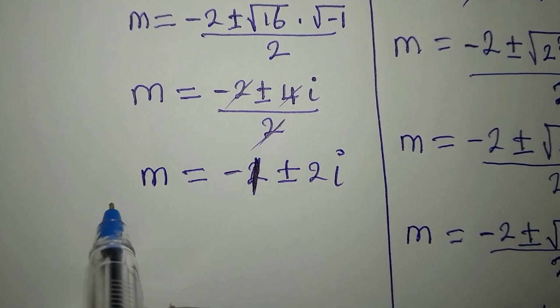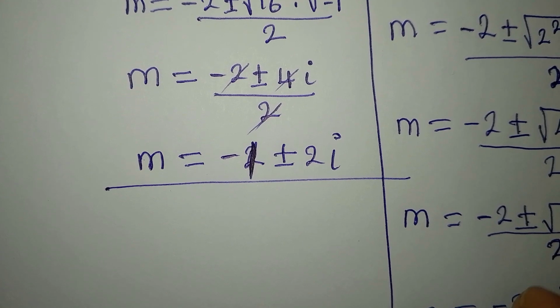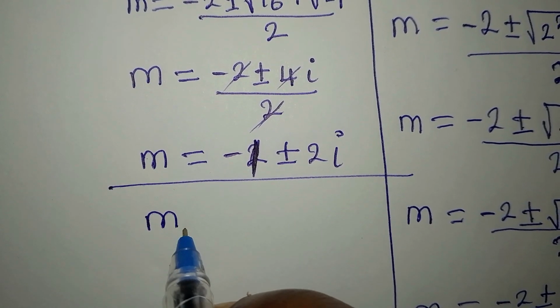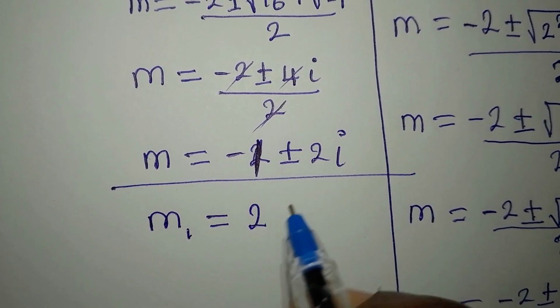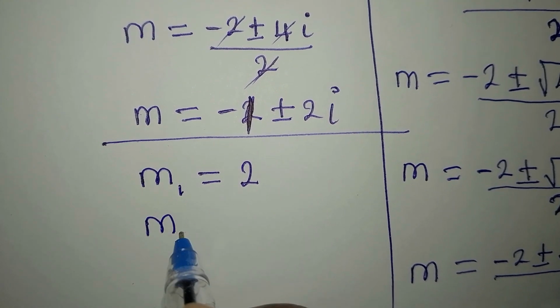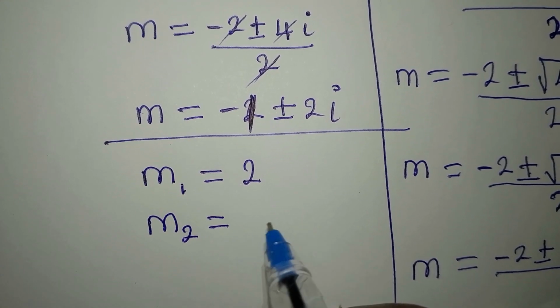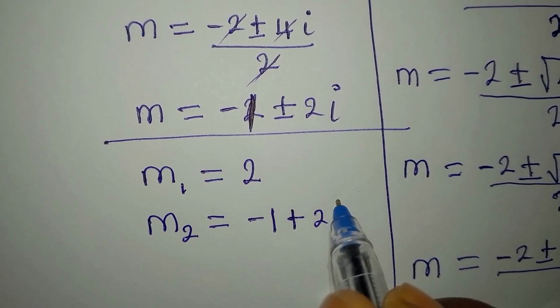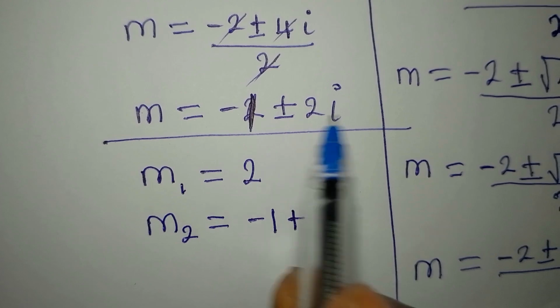Now, let's bring the three solutions together because this is a 2-in-1 solution. The first solution is m1 and is equal to 2. That is the only real solution. Then our second solution is m2 and is equal to minus 1 plus 2i. This is obtained from here.